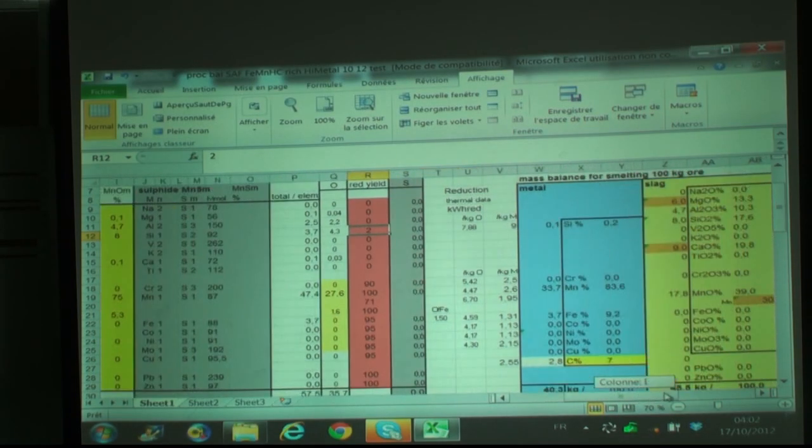This means that in this column I calculate the kilo metal that I obtain, and if I reduce 2% of the silicium, you see, this is the kilo silicium metal.